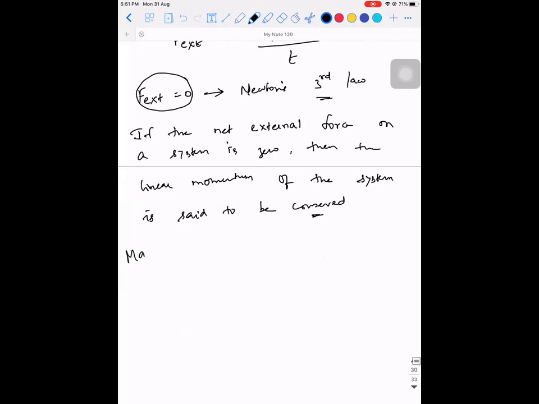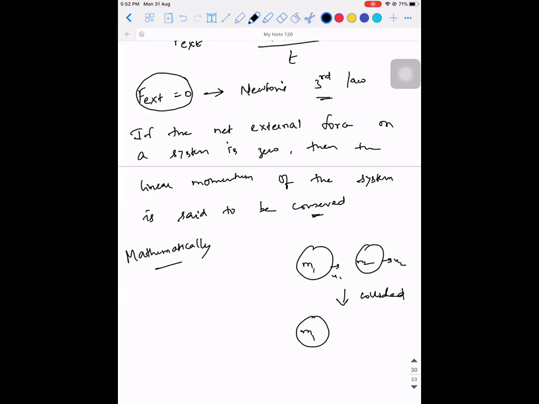So mathematically you can write it like this. Let us say you have two objects m1 and m2 which are having initial velocity u1 and u2. Okay, let's say they are getting collided. After collision, again they are moving in the same direction, let's say with velocity v1, and the second one is moving with a velocity v2.